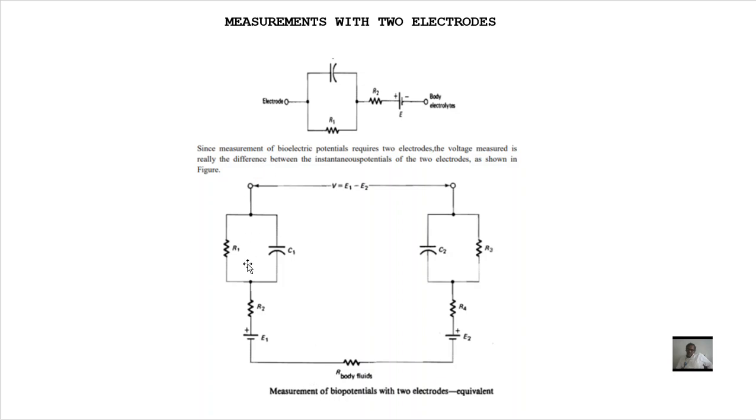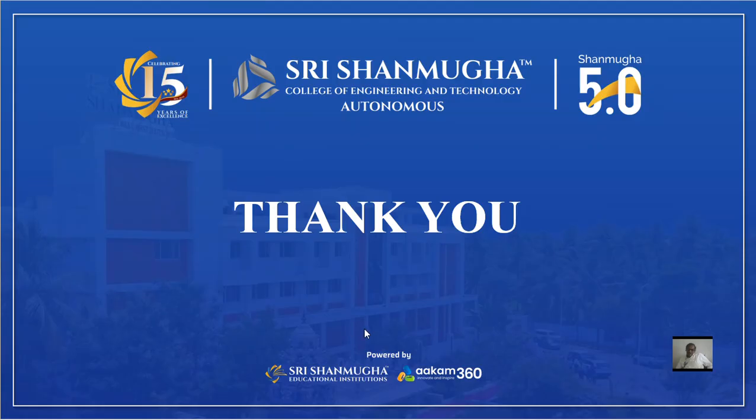Now the voltage developed in one electrode is its electric potential. This is the reference potential. The voltage difference between these two electrodes is called half-cell potential. This half-cell potential we have already explained. In that way, we can measure the internal potentials. Thank you.